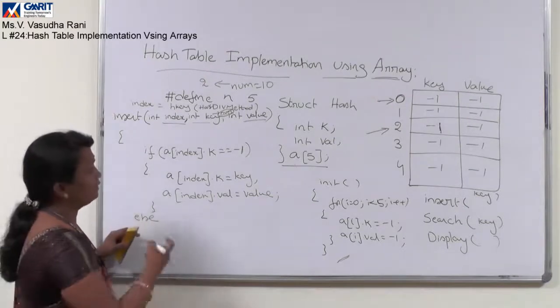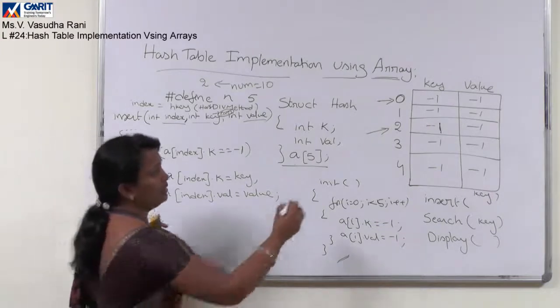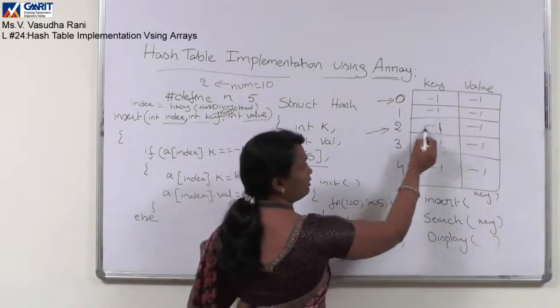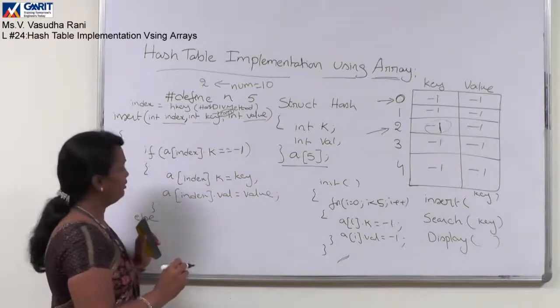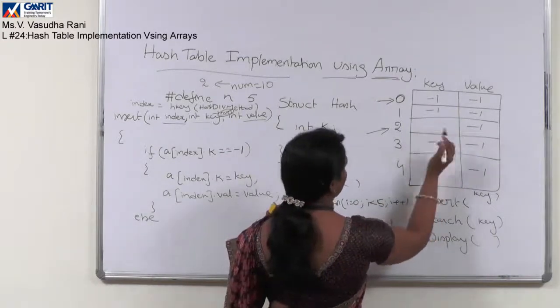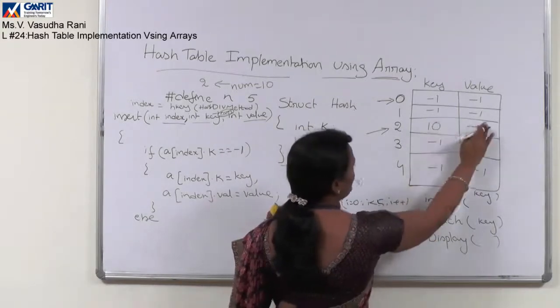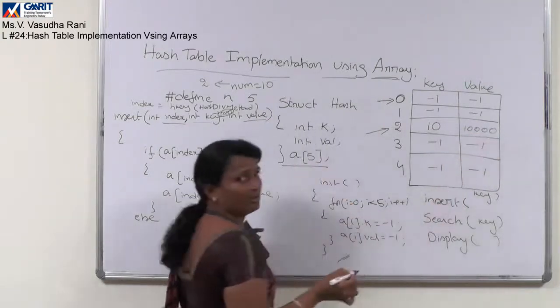Else, here we are working only without collisions. If some data is already there, it is not possible to insert the new value into that location. For our example, in this location our 10 is stored and the corresponding value some 10,000, you can assume.